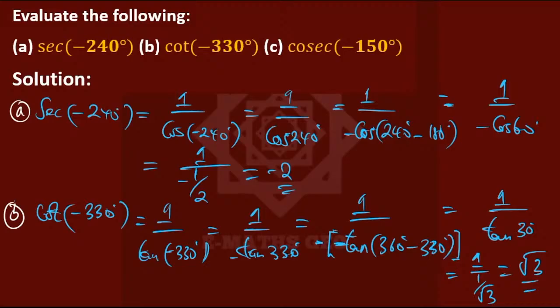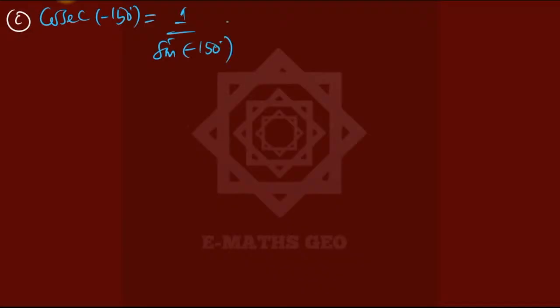So the last one is cosec of minus 150. First know that cosec is 1 over sine. So it's now 1 over sine of minus 150. Again, remember from our negative identity, we bring out the negative sign.